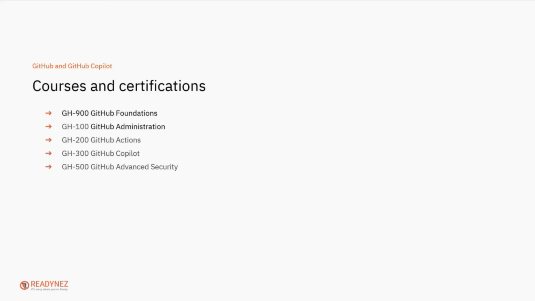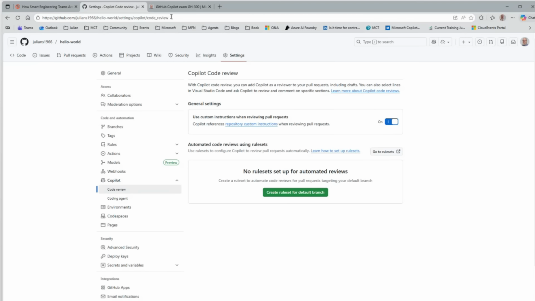It covers core GitHub concepts. It's GitHub, not GitHub Copilot, the whole GitHub concept. How do I use Git? How do I use GitHub? How do I collaborate? How do I use repositories? How do I use pull requests? But it also goes into licensing in GitHub, and it's very much focused on people using organizations. It's actually pretty tough, I think.